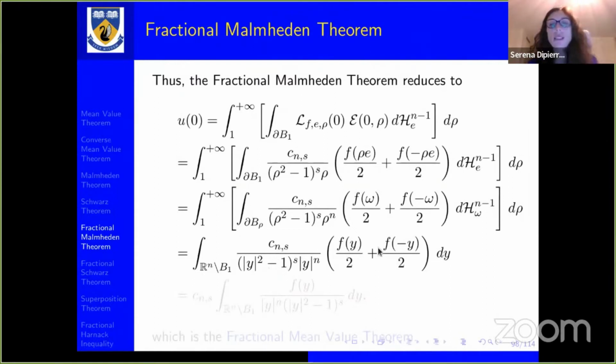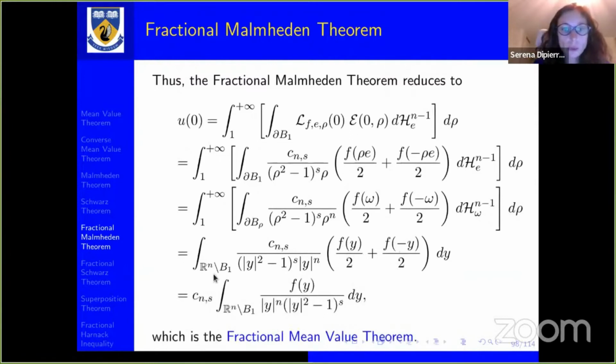And then the last thing is just splitting the two integrals and passing from minus y to y. So this is going to be essentially the same thing. I have divided by 2, which will give me just 1 now because I have two of them. So this is going to be a constant multiplied by an integral outside B1 of the function divided by the right kernel, which is in the fractional mean value theorem.